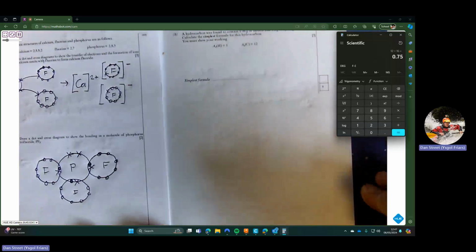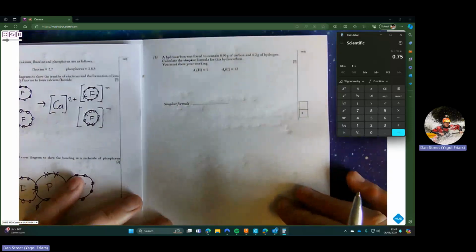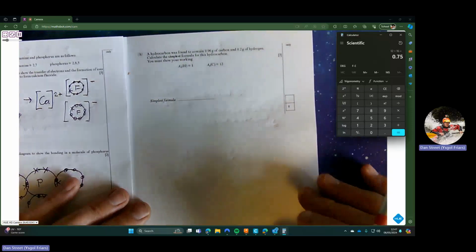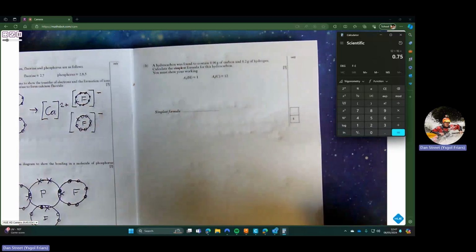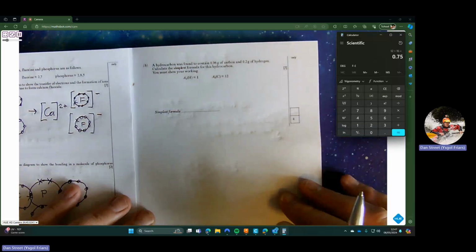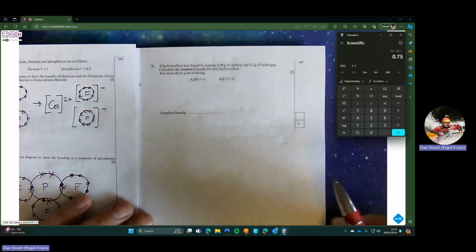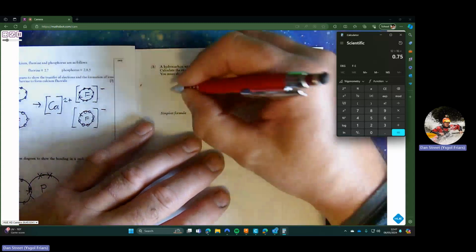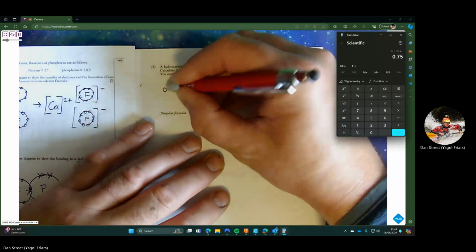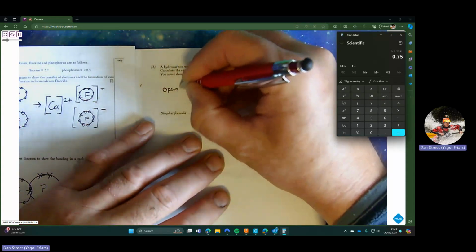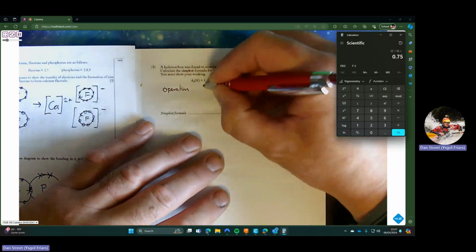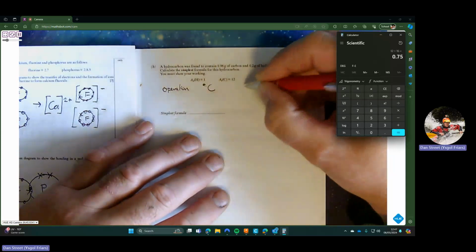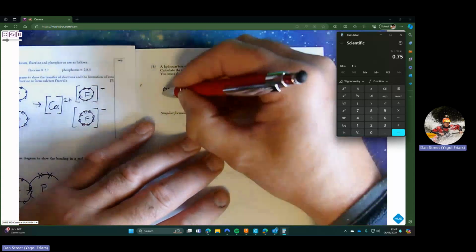Okay. A hydrocarbon was found to contain 0.96 grams of carbon and 0.2 grams of hydrogen. Calculate the simplest formula for this hydrocarbon. You must show your working. Okay, so this is an empirical formula question. So the way I like to do it is one column is the operation, and then the other columns are for the elements that were given.